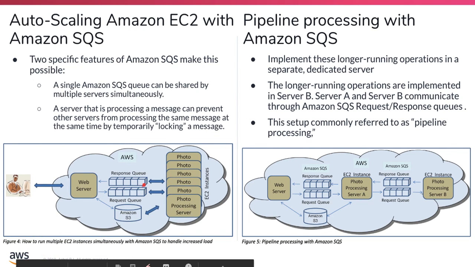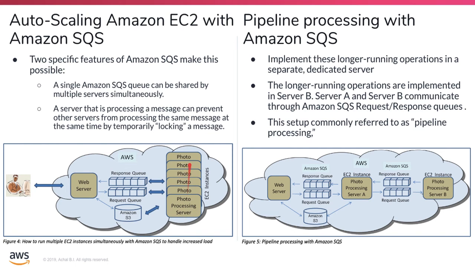Auto scaling Amazon EC2 with Amazon SQS is one of the common patterns, where whenever web requests need some batch processing, or when you need auto scaling performance for work performed as a backend job, you could use this pattern, where queues are used to capture the request, and that would direct to photo processing servers.